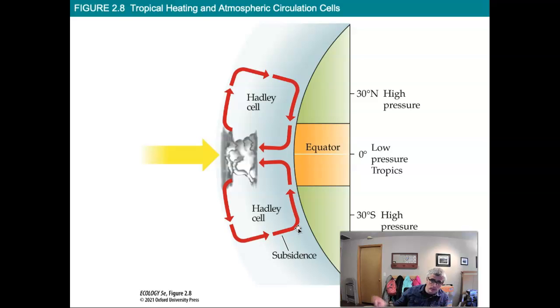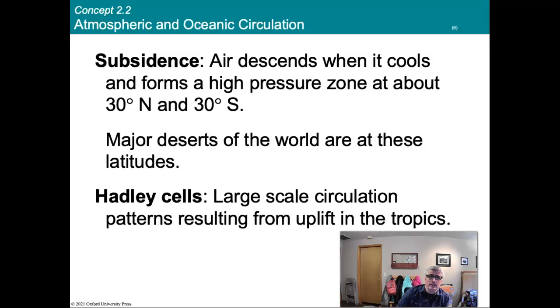This circle of movement of air and water between 0 and 30 north and south is driven by the Hadley cells. Lots of things named after people coming up. Subsidence is air that descends when it cools and forms a high pressure zone at about 30 north and 30 south.